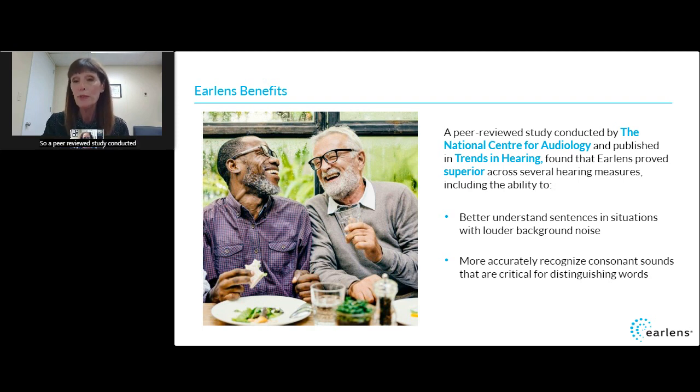So a peer-reviewed study conducted by the National Center for Audiology proved two things: that Earlens allows you to better understand sentences in situations with louder background noise. And we know that that is a constant concern for patients. Also, that you will more accurately recognize consonant sounds that are critical for distinguishing words.